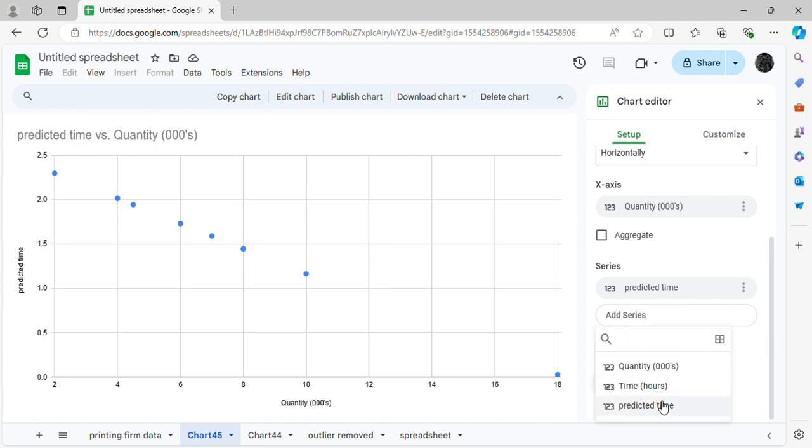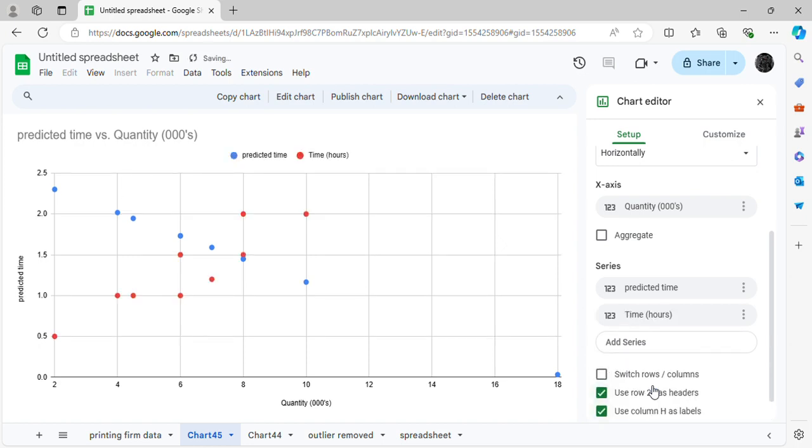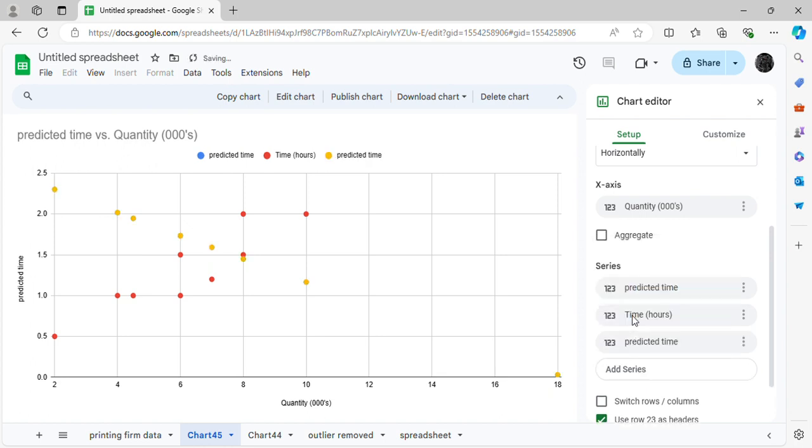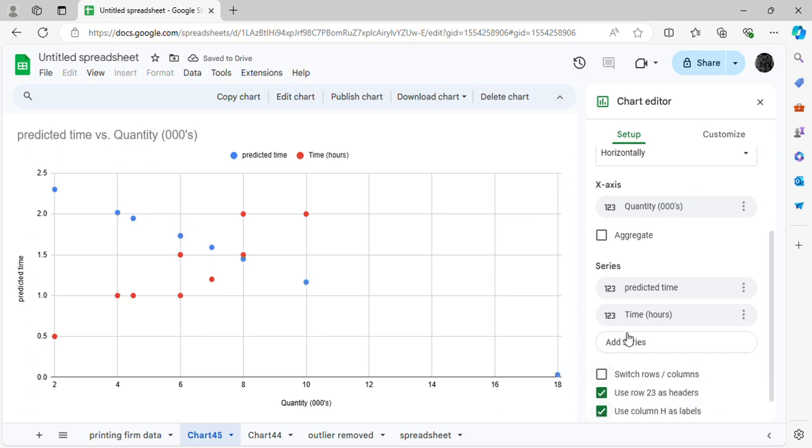Let's add another, time in hours. Okay, so now what happens is that predicted time.